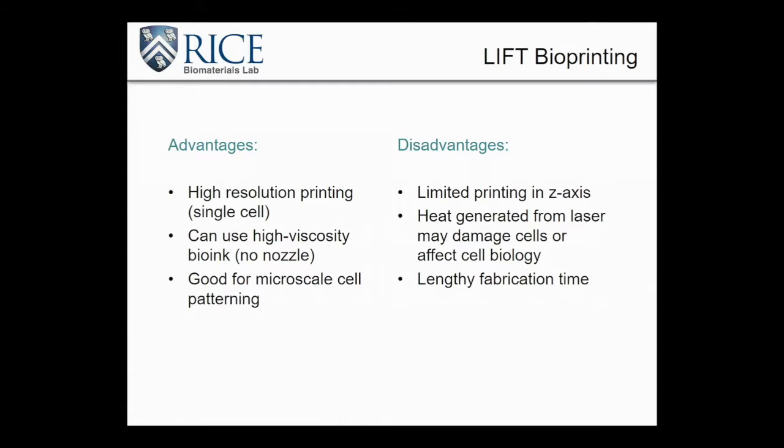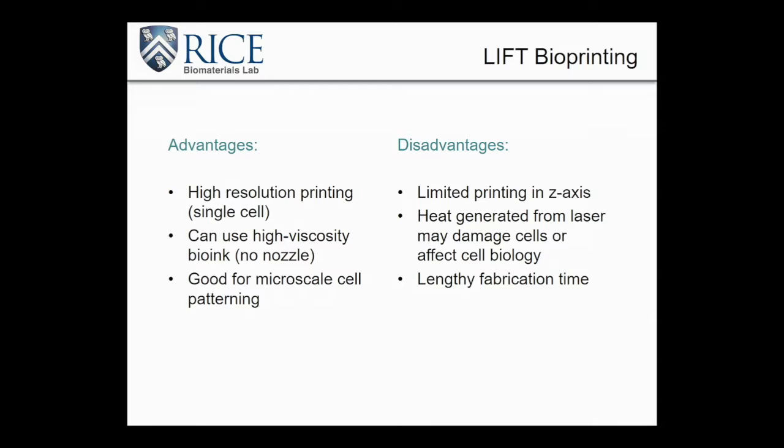So that all goes back in line with the energy of the laser pulse is extremely important here, because that's what initiates our bubble formation and enables this printing process to take place. And like I just mentioned, if you don't get that right, you're either irradiating the cells or you're not printing anything.